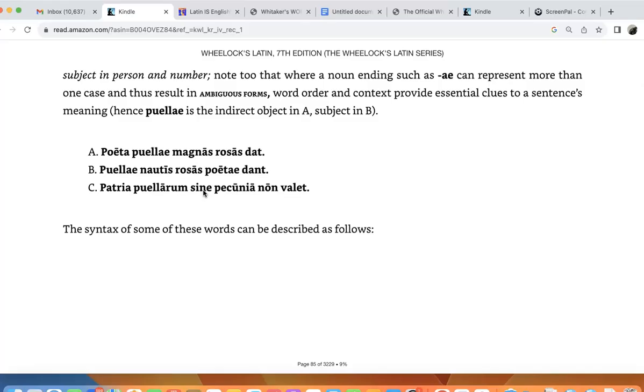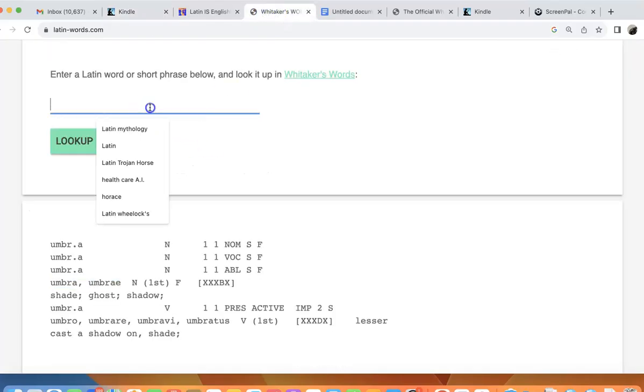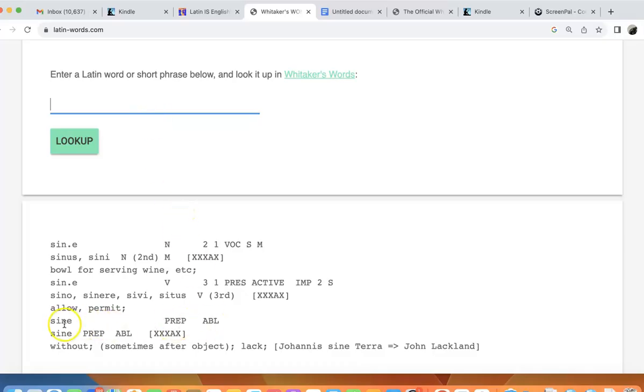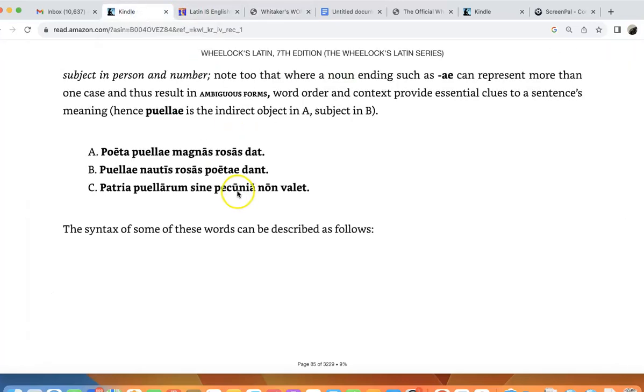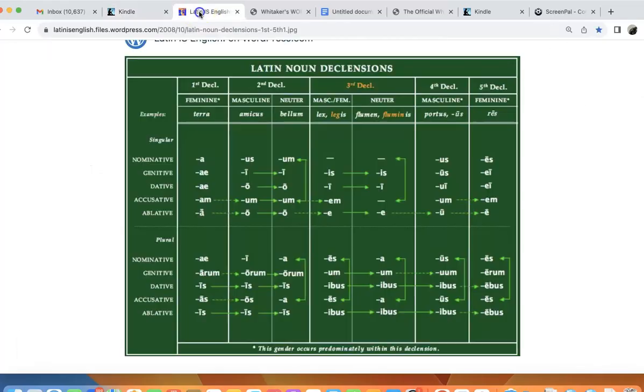But when we use sine, it's always followed by the ablative. Once again, you have your dictionary in the back of the book. You can use this as well. But if you're not sure, sine here, preposition, what this means is it's always followed by the ablative. And so we need the ablative ending for money. And so notice it's the a with the macron, and we can double check that. Sure enough, first declension, singular ablative, a with the macron.